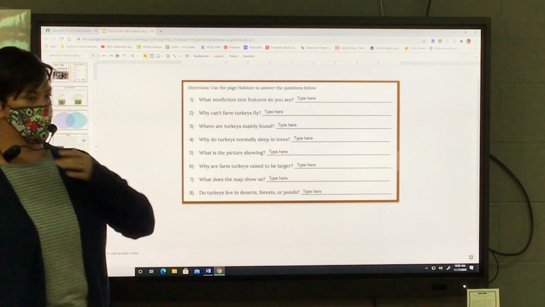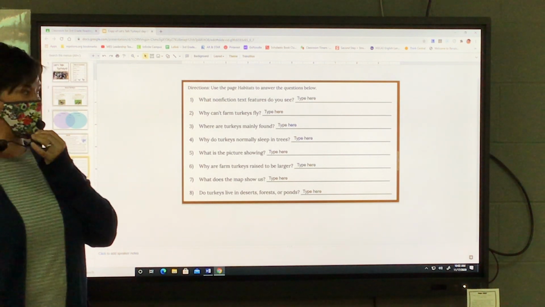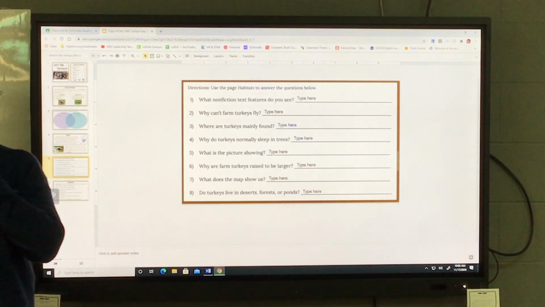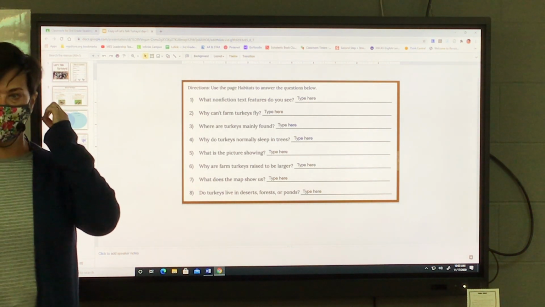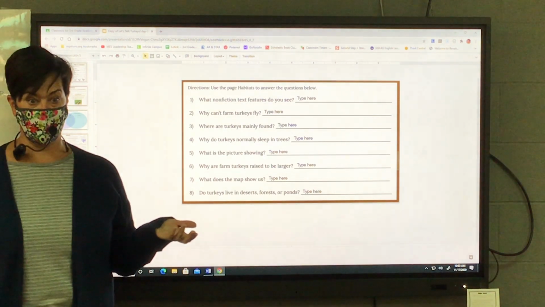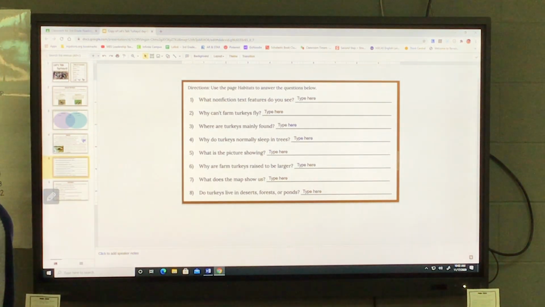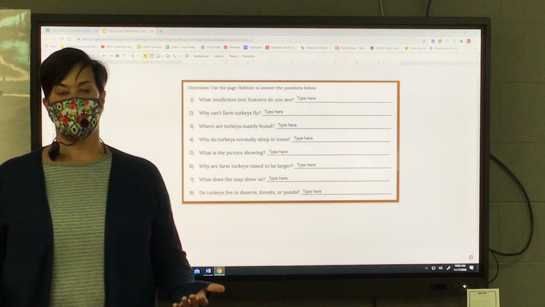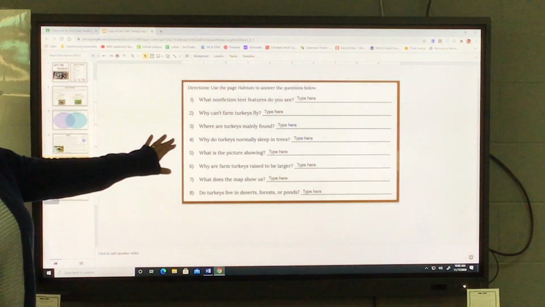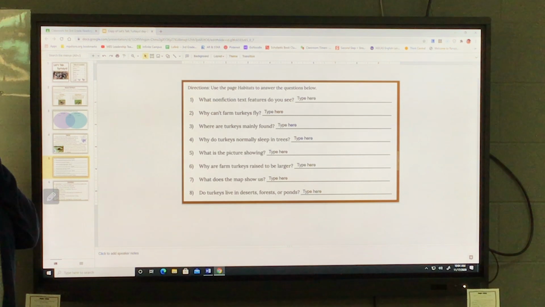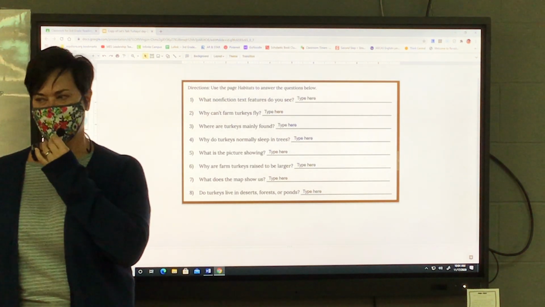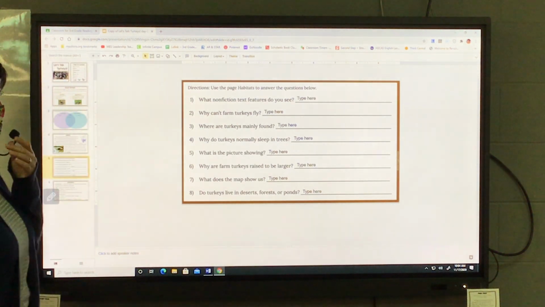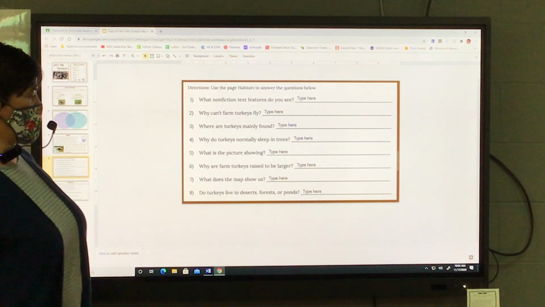Question 2. Why can't farm turkeys fly? We're going to find that information out. Question 3. Where are turkeys mainly found? Question 4. Why do turkeys normally sleep in trees? I'm anxious to find that one out. 5.